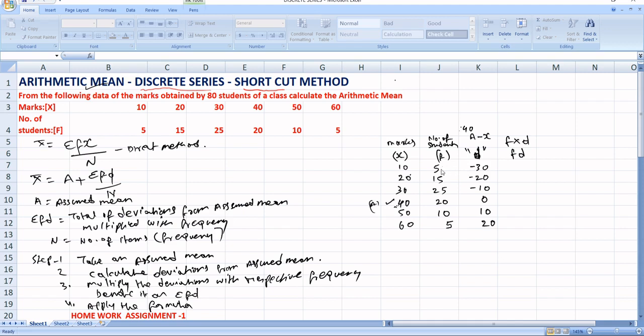You have to multiply these deviations with frequency f. So 5 3s are 15, that is 30 into 5 is equal to minus 150.